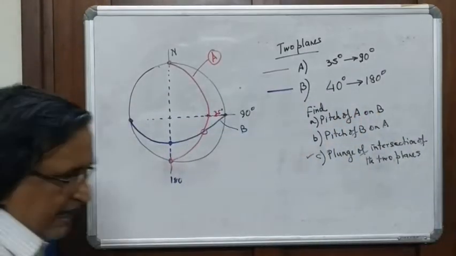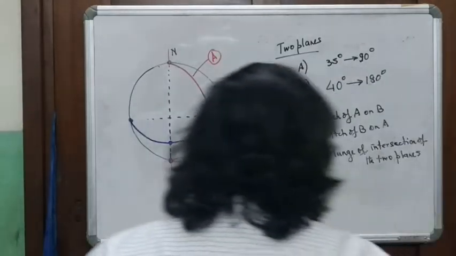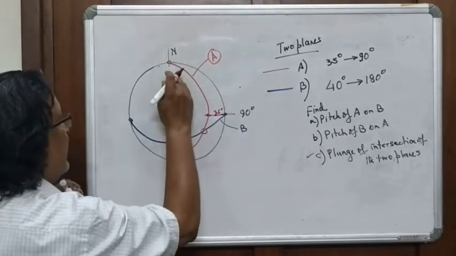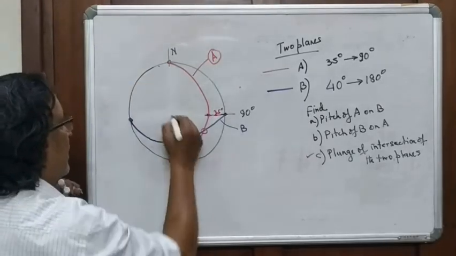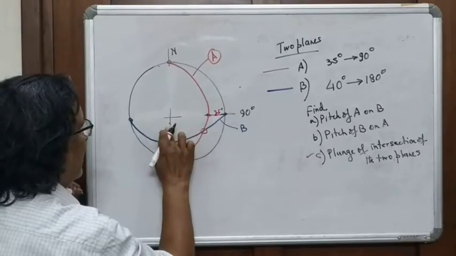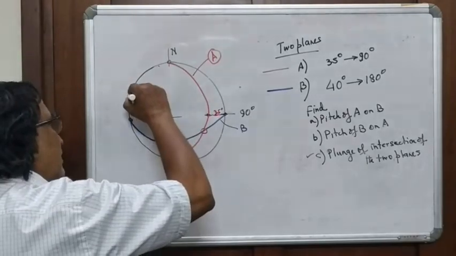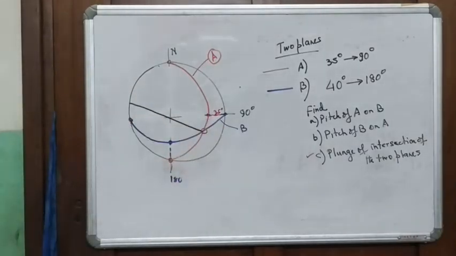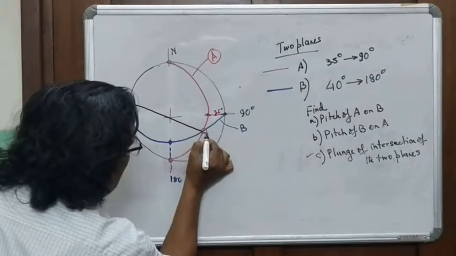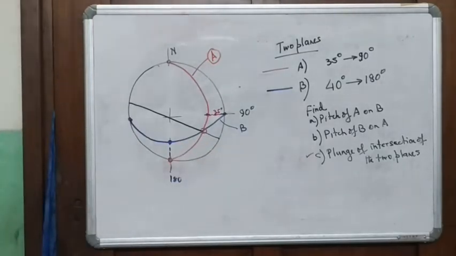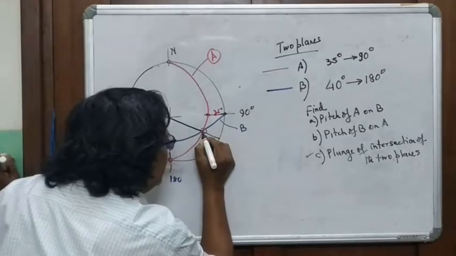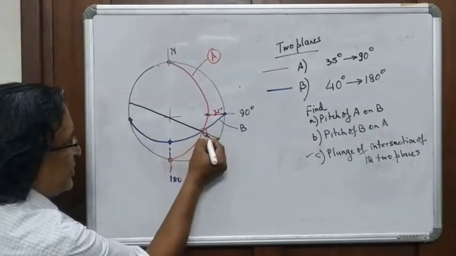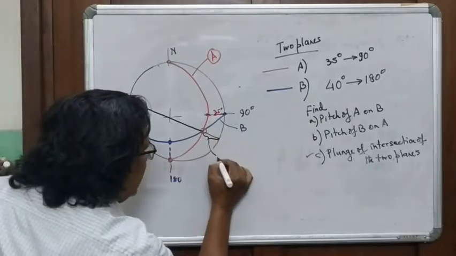So now I have to draw a vertical plane through the point, which is fairly easy to do. Now you see here. What is this? This point I want to find out, isn't it? What is this? This is the plunge amount.